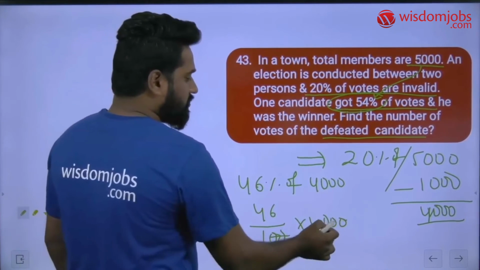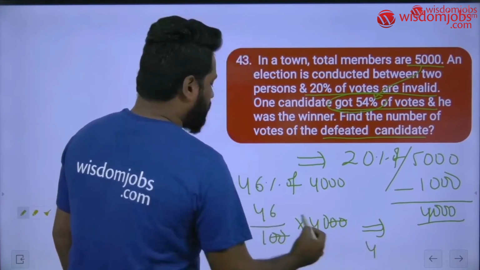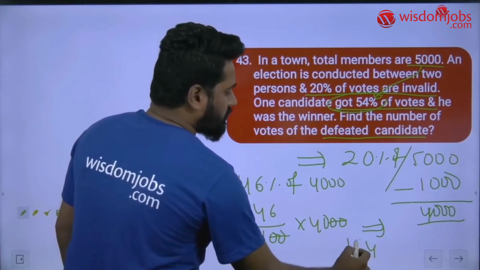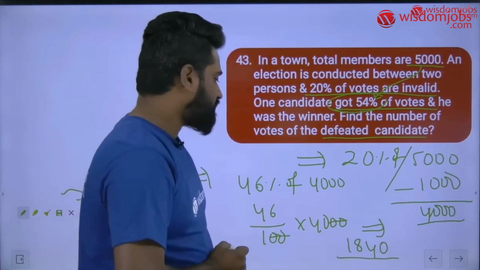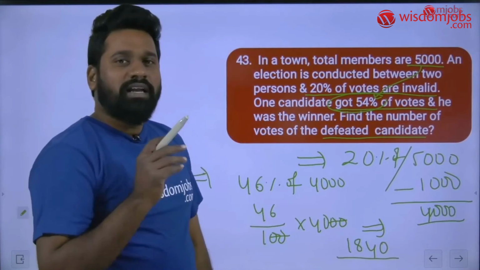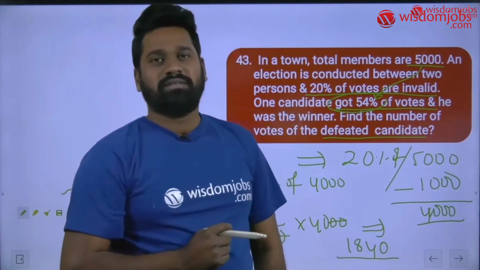Two zeros will be cancelled, and 4 sixes are 24, 4 fours are 16 plus 2 is 18. So 1,840 votes. These are the number of votes gained by the defeated person, or loser.